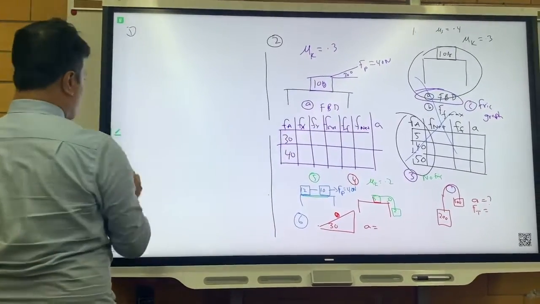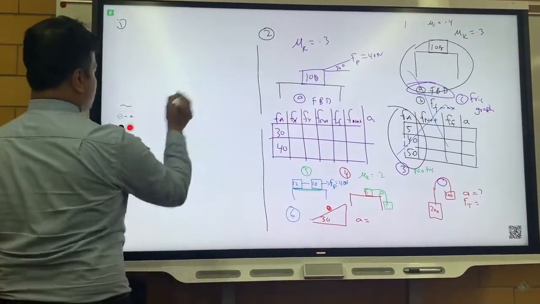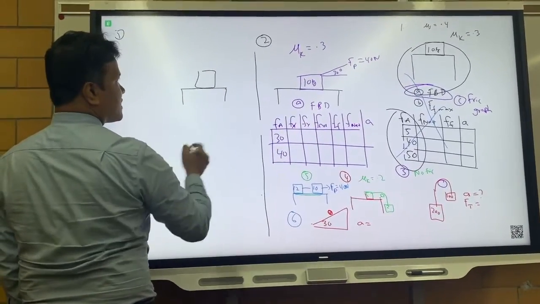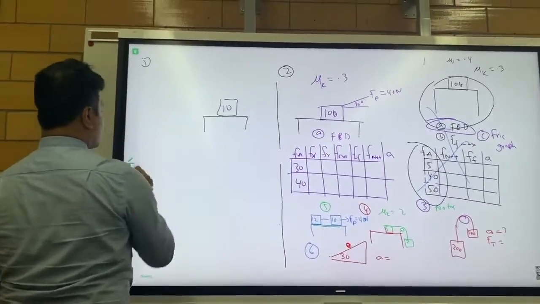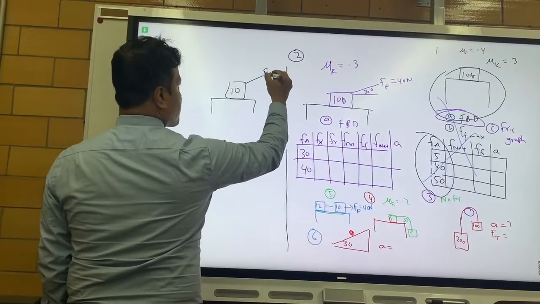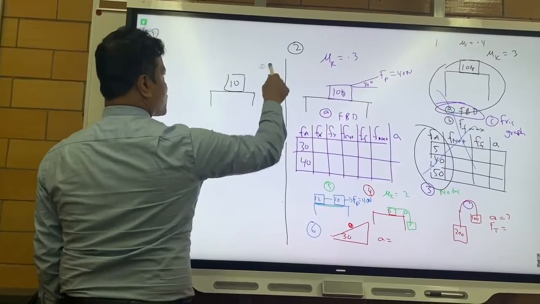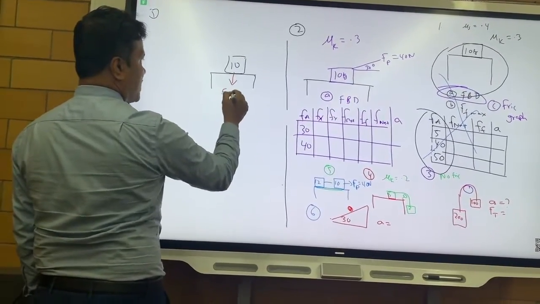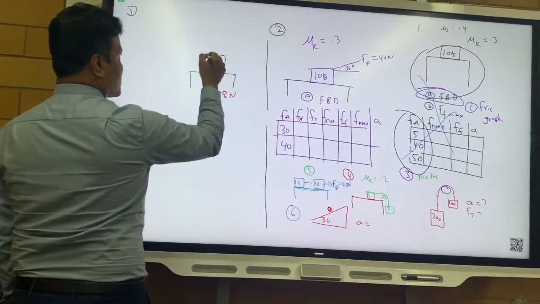Alright, so first we're going to draw the free body diagram. So I'm going to put the box right here, and this is 10. So let's say this is FP. Let's do only the free body diagram. Weight is how much? 98 Newton. What is the normal force?